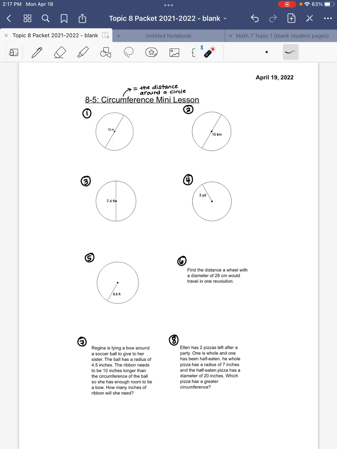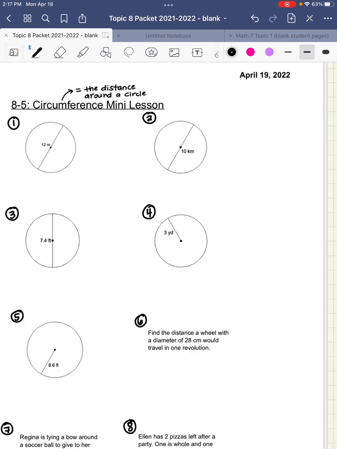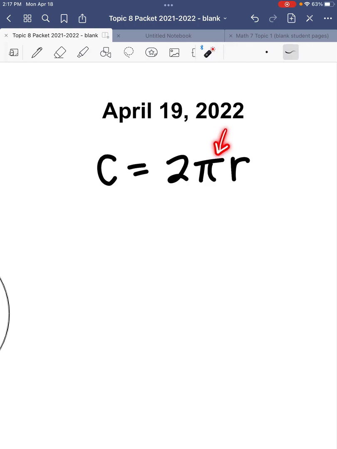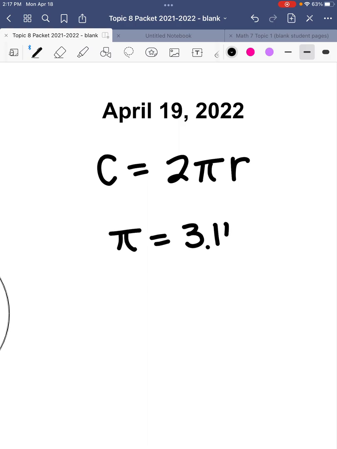Now we're gonna use the same formula every time we find the circumference. And the circumference formula is circumference equals 2 times pi times the radius of a circle. Now, every time you see this symbol for pi, I want you to know that we're always going to use 3.14.